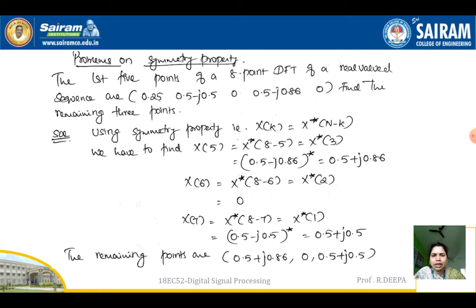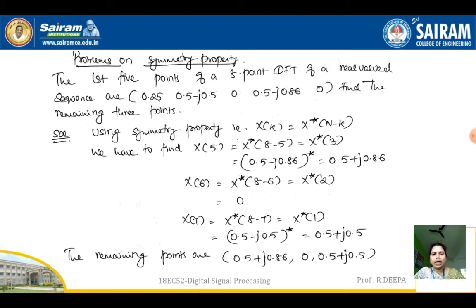And the last point, X of 7, which is equal to X conjugate of 8 minus 7, which is equal to X conjugate of 1. What is X of 1 given? 0.5 minus j 0.5. Take conjugate of this, will be getting us 0.5 plus j 0.5. Therefore the remaining points are 0.5 plus j 0.86, 0, 0.5 plus j 0.5.